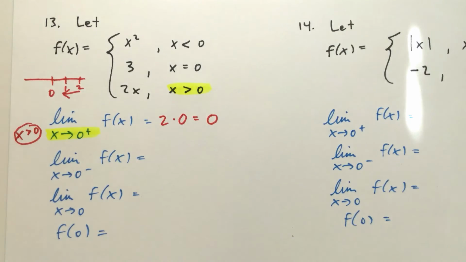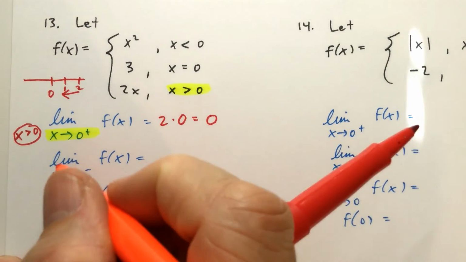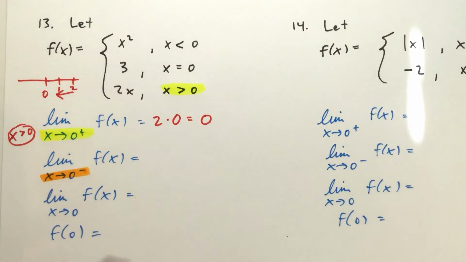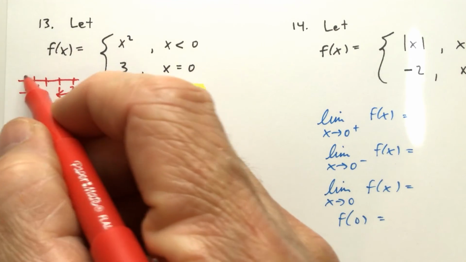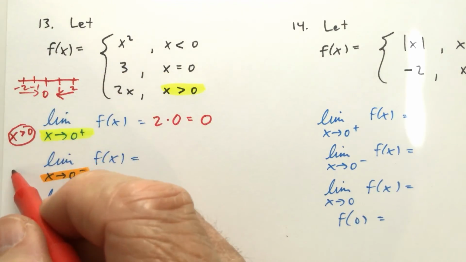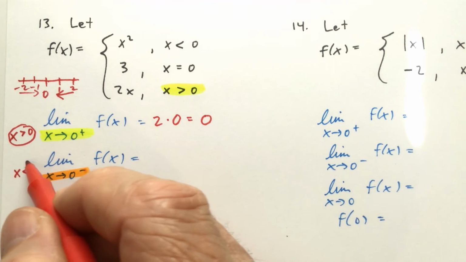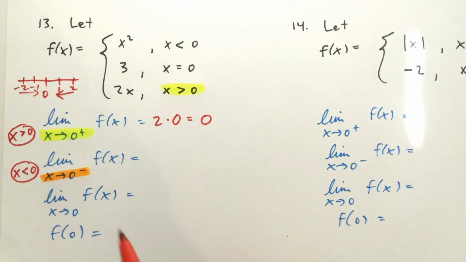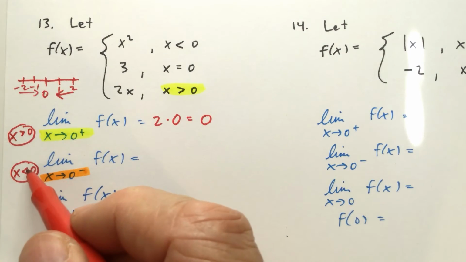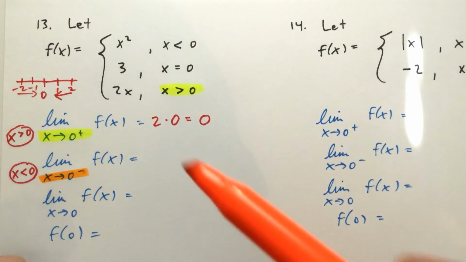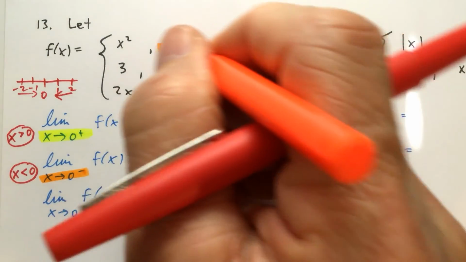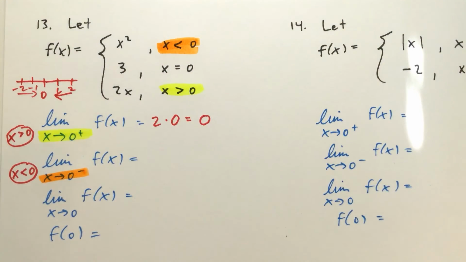On the other hand, if we want to find the limit as x approaches 0 from the left, if x is approaching 0 from the left-hand side, that means that the values of x are less than 0. So here x is less than 0. And maybe for the first little while you write that down, so then you can match this up with wherever you see that in the definition of our piecewise function.